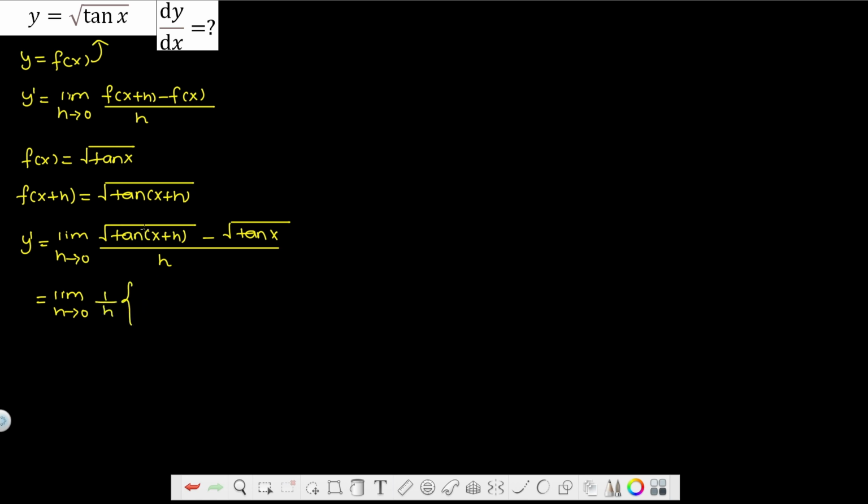Now to get rid of this square root, we can multiply the numerator and denominator with its conjugate.